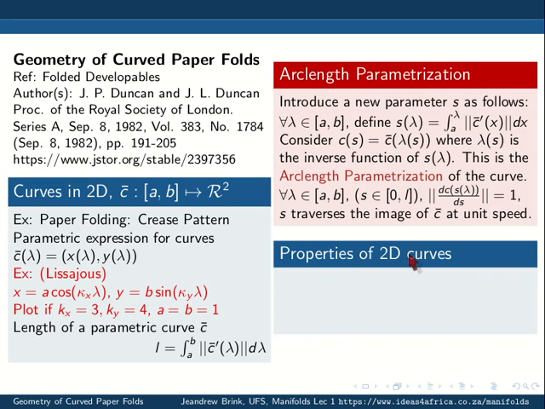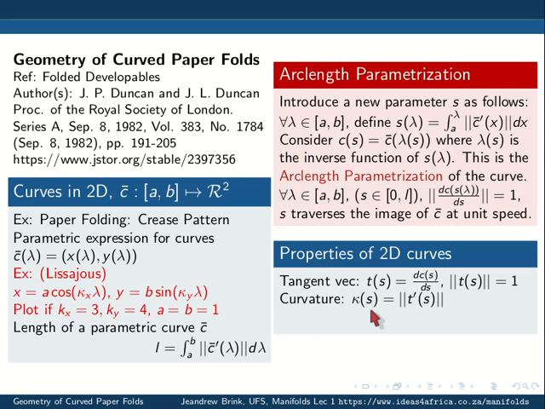So the properties of 2D curves: firstly, you have the tangent vector, and whenever I write S, I've basically assumed I have the arc length parameterization. So we have T of S equals dC of S over dS, and the norm of T is just 1.